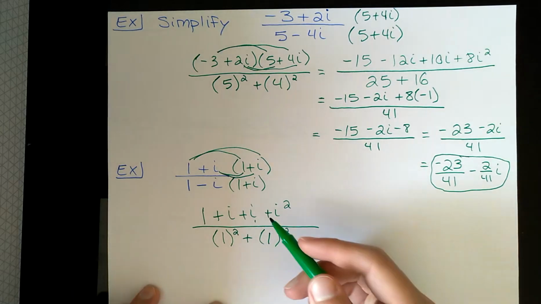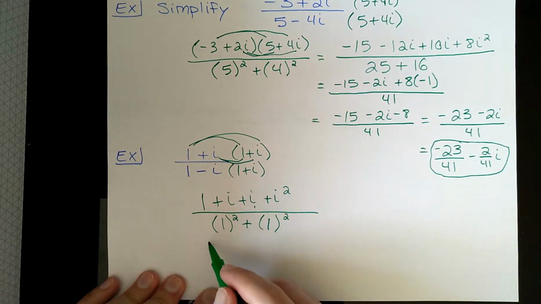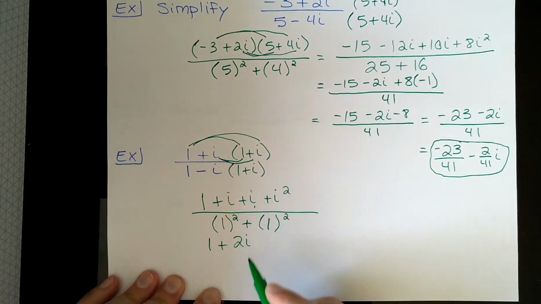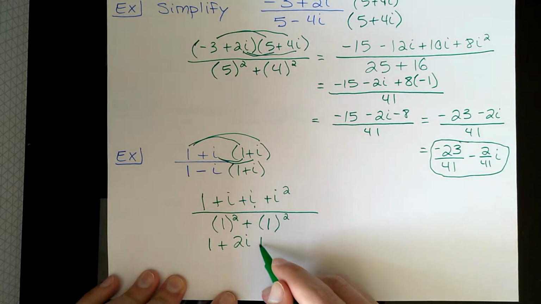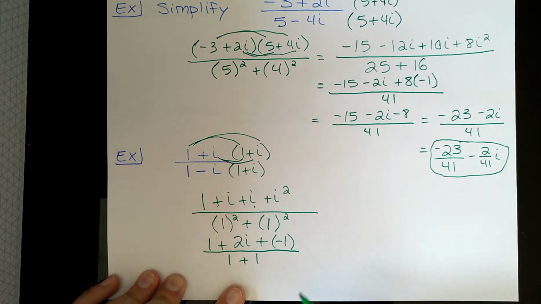So, simplifying this, we get 1 plus i is 2i, plus i squared is negative 1, all over 1 squared is 1, plus 1 squared is 1 again.